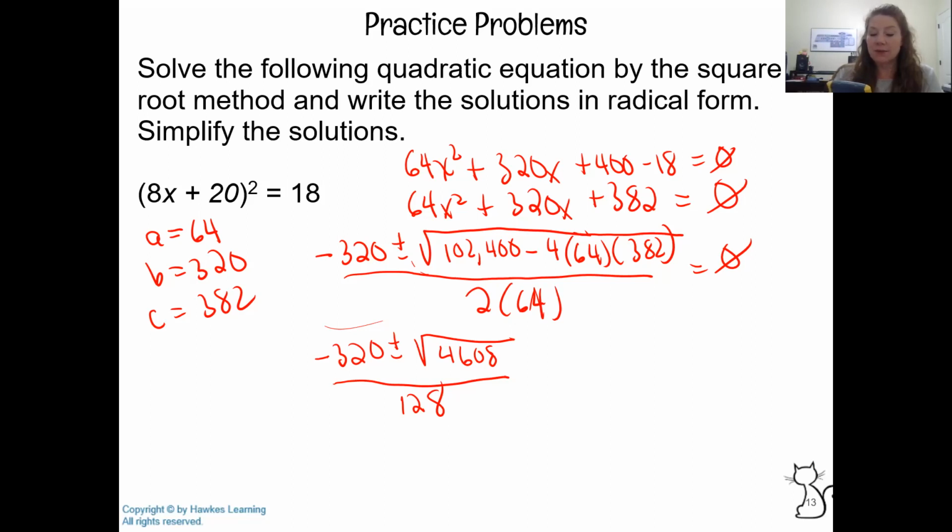Let's see, 4608 divided by 4489. I don't know what I could divide that down into.